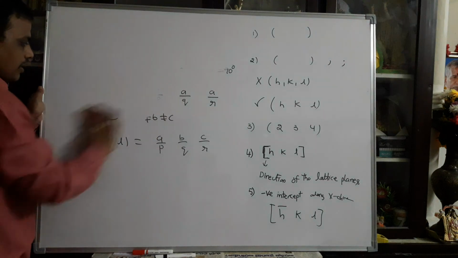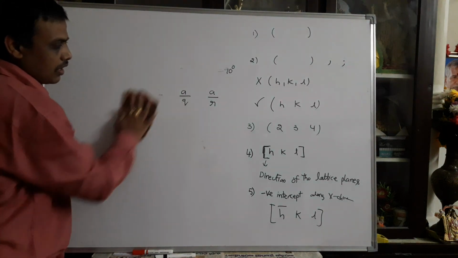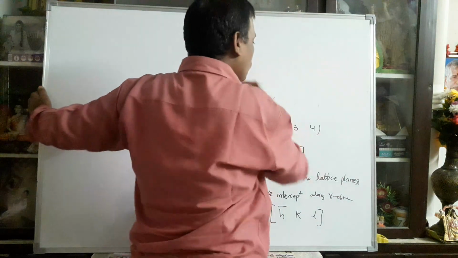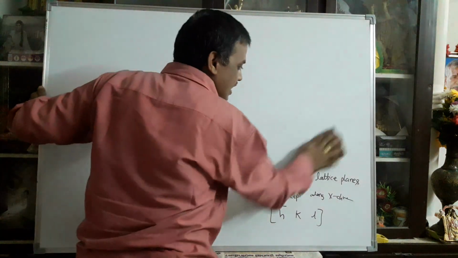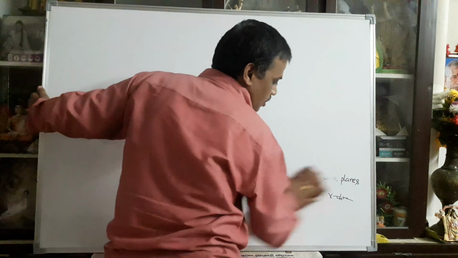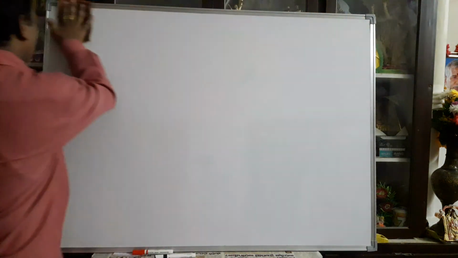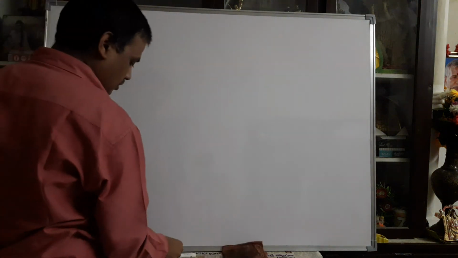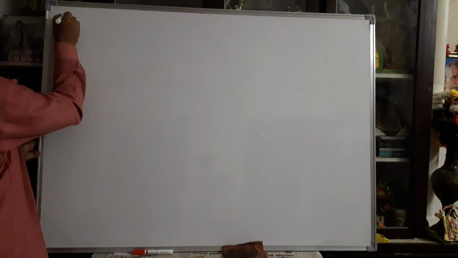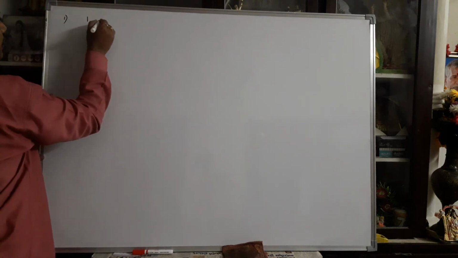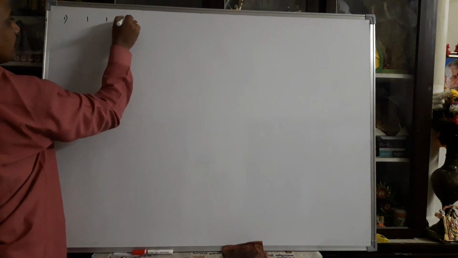Based on these Miller indices, how can the lattice planes be drawn in a cubic structure or any crystal structure? Suppose you are given the Miller indices 1, 1, 1.